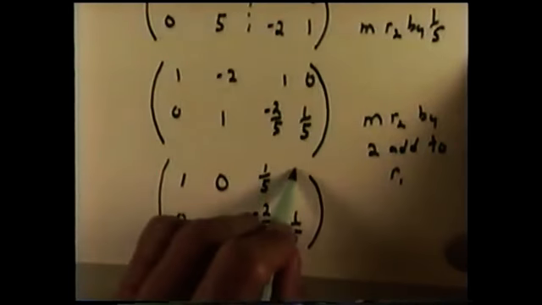Two times 0 is 0. 0 plus 1 is 1. 2 times 1 is 2. 2 plus negative 2 is 0. 2 times a negative 2/5 is a negative 4/5. Plus 1 is a positive 1/5. 2 times 1/5 is 2/5. Plus 0 is 2/5.